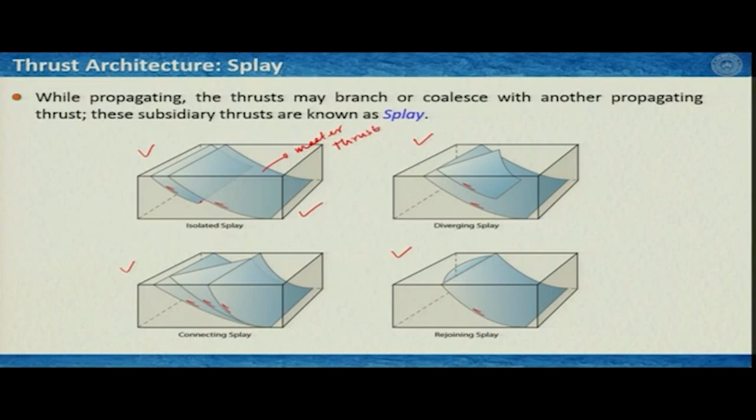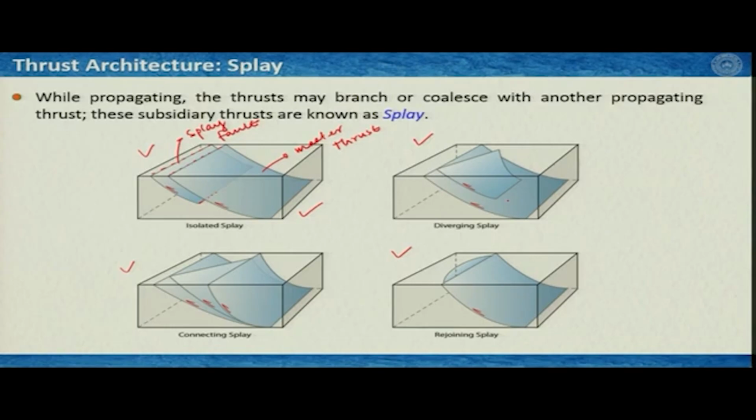So, this has nucleated from here, but it did not touch the master fault. It propagated independently and both of them reached the surface. Okay. So, this is a splay fault, and this is an isolated splay fault, to be very specific.